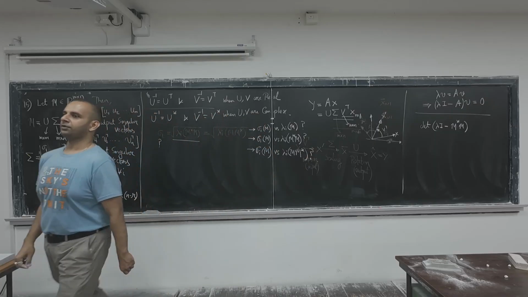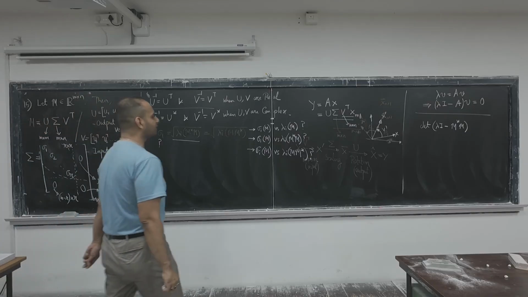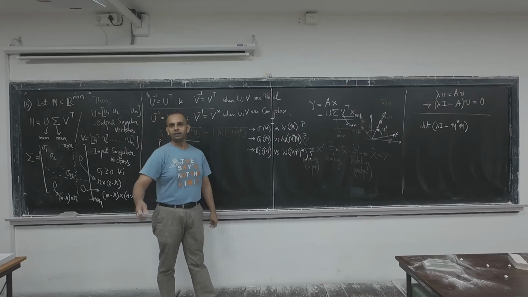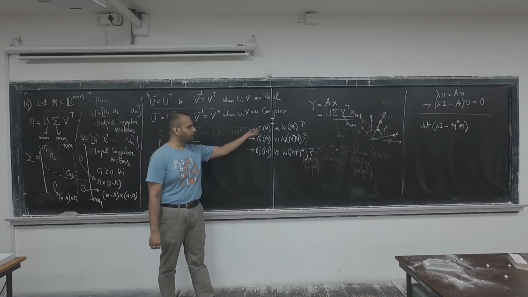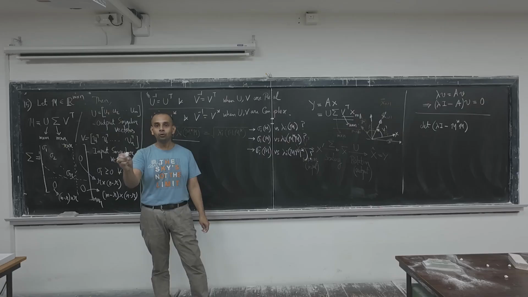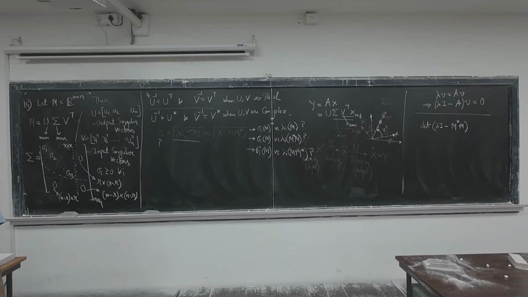Are you now getting what I am trying to say? We have learned sigma as a separate entity, the singular values. Now we are trying to establish a relation with the eigenvalues of M as well, but we are not sure about that. You may ask why we are unnecessarily complicating things, why we need to find whether there exists any relationship between the singular values of a matrix and its eigenvalues. But at this moment we don't know how to compute the sigma I. So we have to find a technique by which we can at least numerically calculate the values of sigma.